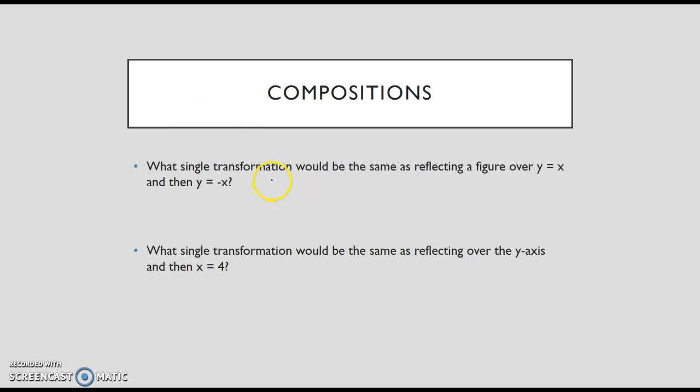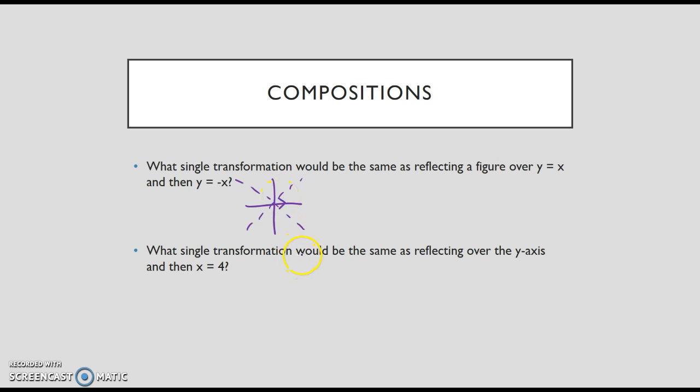If you think about what those look like, y equals x is the positive diagonal, y equals -x is a negative slope diagonal. Anytime you reflect over intersecting lines, you need to look at the angle between them. I know that this has a slope of +1 and this has a slope of -1, which tells me that they're going to be perpendicular. Perpendicular means they have a right angle.